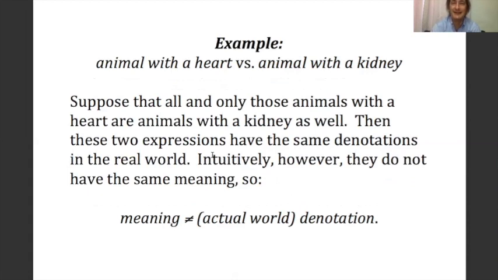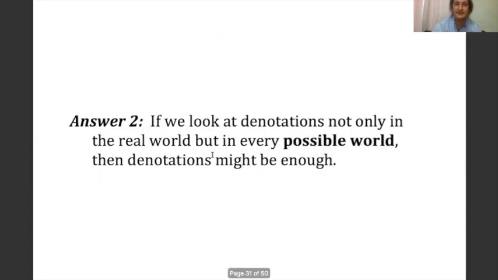They pick out the exact same thing. The exact same set of things are animals with a heart and animals with a kidney. Intuitively, however, they don't have the same meaning. So we don't want to say meaning is denotation. Not if we limit ourselves to the actual denotation.